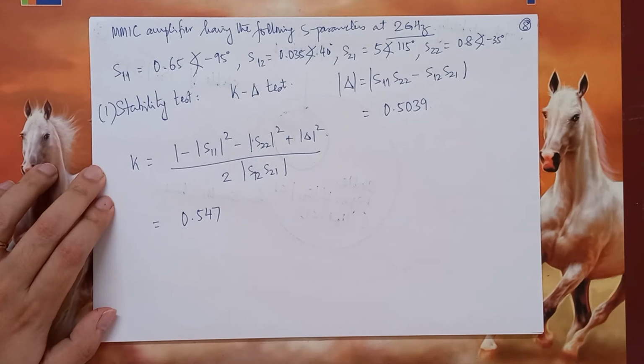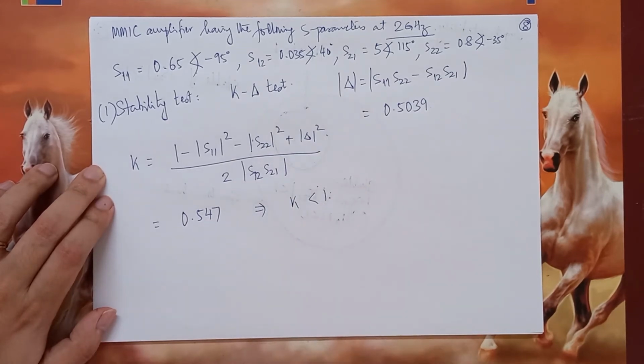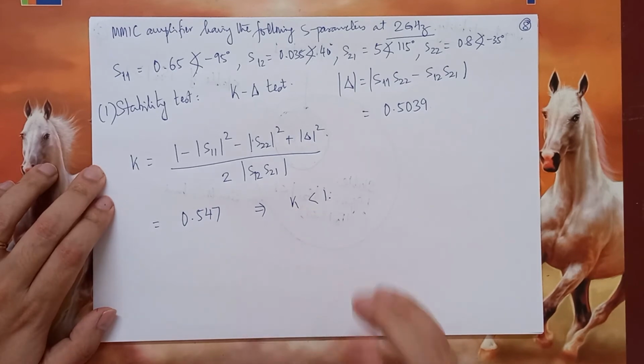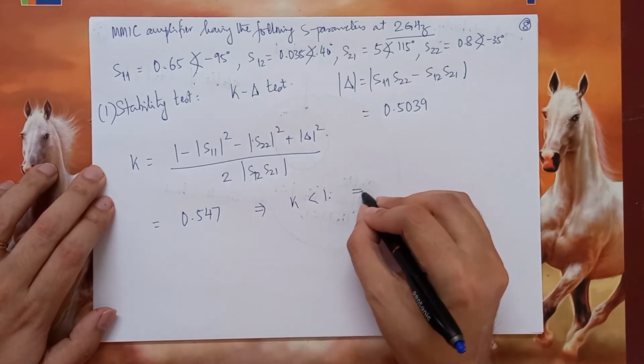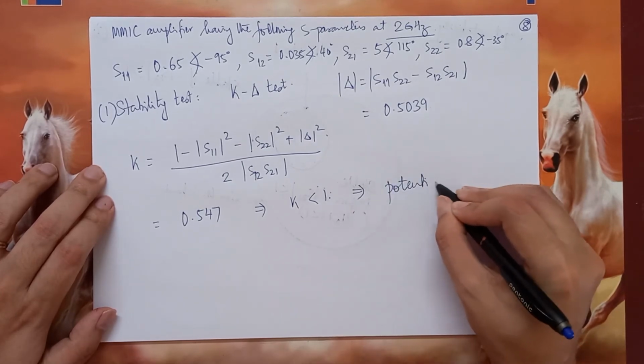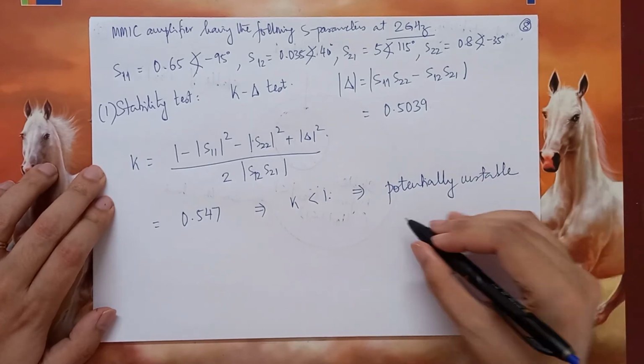So what are we seeing? We are seeing that K is less than 1. Had K been more than 1, the transistor would have been unconditionally stable. But since K is less than 1, this indicates it's a potentially unstable amplifier.